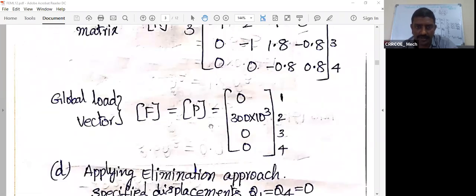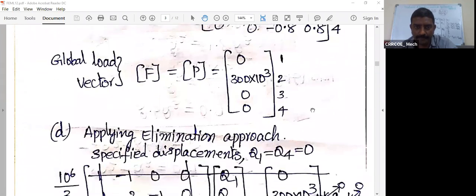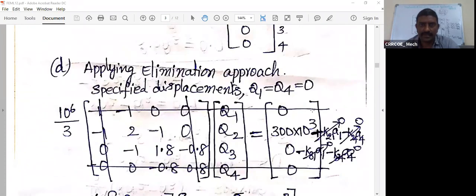The global load vector is equal to the global point load vector. So now applying the elimination approach for the two specified displacement boundaries, Q1 is equal to Q4 is equal to 0.